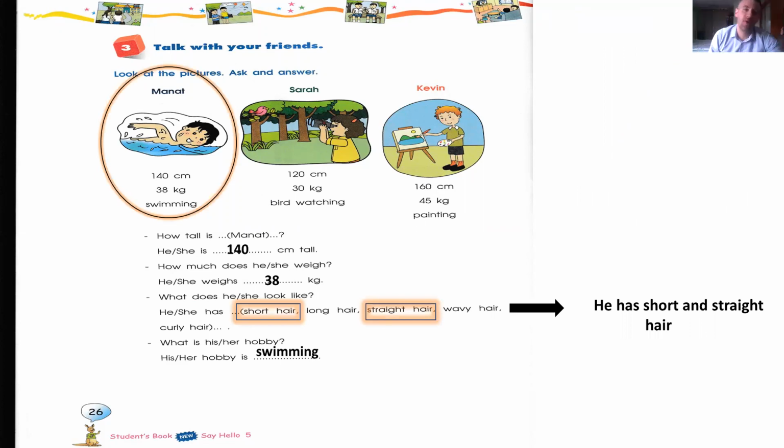Okay, let's go. Here are the answers about Manat. How tall is Manat? He is 140 centimeters tall. How much does he weigh? He weighs 38 kilograms. What does he look like? He has short and straight hair.